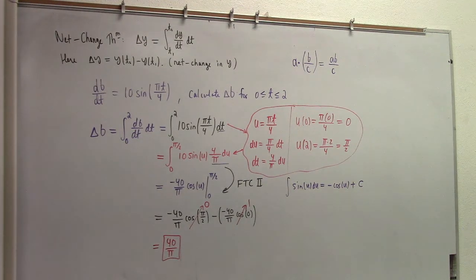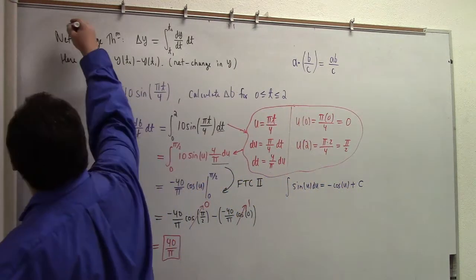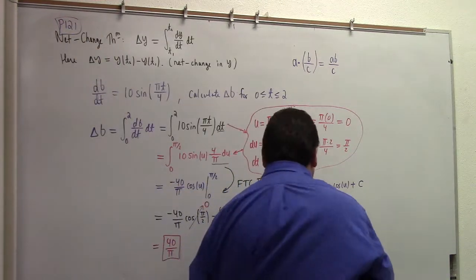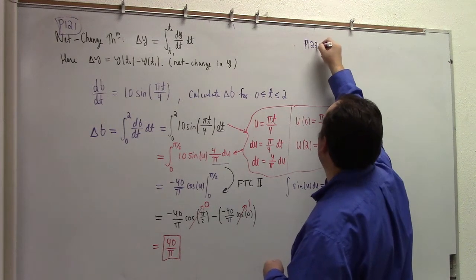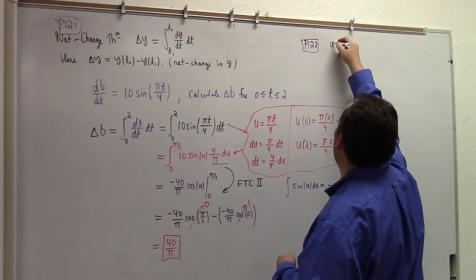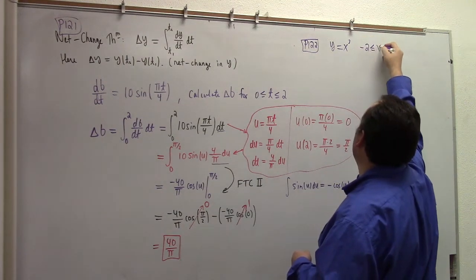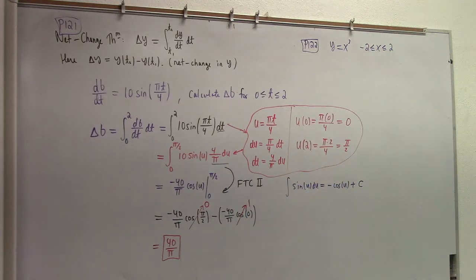So the next one, this was problem 121, wasn't it? Yeah, this was. So problem 122, you had y equals x cubed, and you had minus 2 less than or equal to x less than or equal to 2, and you're supposed to find the area bounded by y equals x cubed from minus 2 to 2.